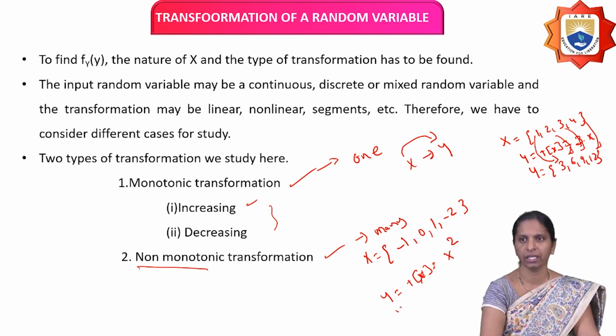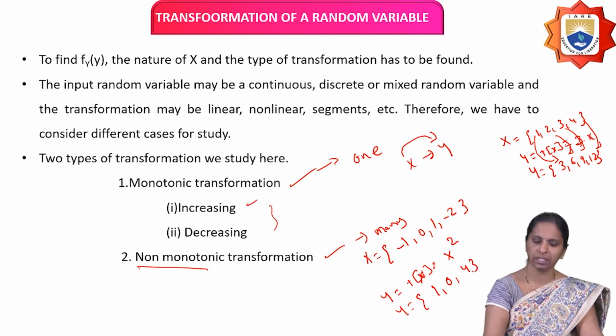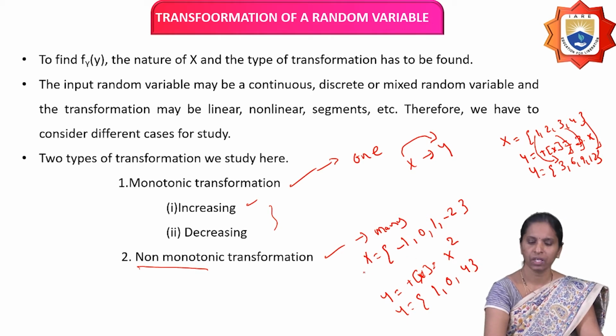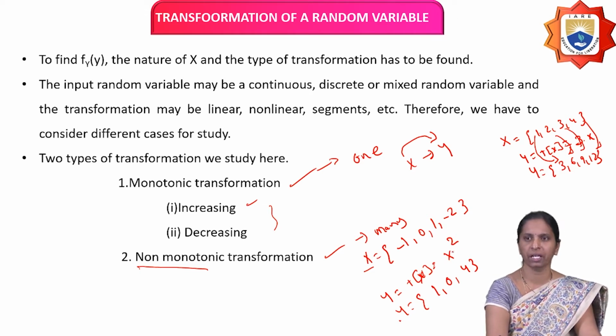Then what is y? What is -1 squared? Nothing but 1. And 0 squared is 0. Again, 1 squared is 1 only. And -2 squared is 4. If you observe, I am changing the random variable x into the random variable y by squaring the values in the original random variable x.